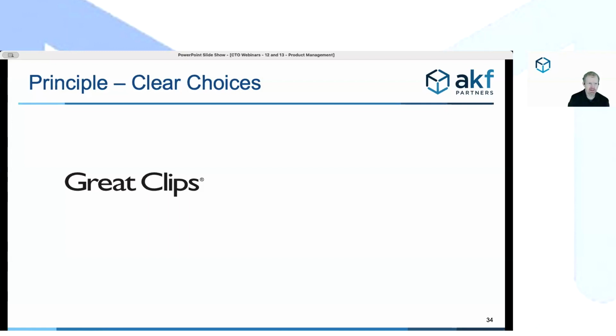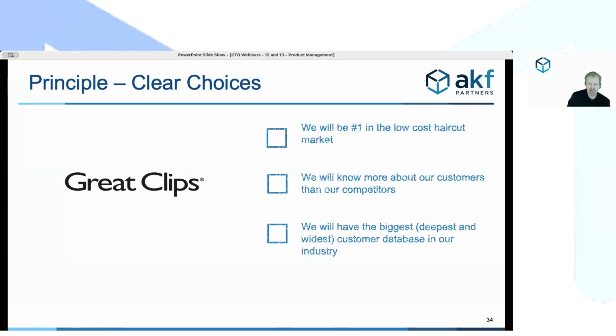So they were stagnant about 15 years ago, but their CEO made several decisions here. And the way they approached this, they had to make some choices. The question for you guys is which of these, and I already kind of jumped ahead, how they focused on winning in market. Their key initiatives were, they said, we're going to know more about our customers than our competitors, meaning they want to know everything about everybody that walks into their store.